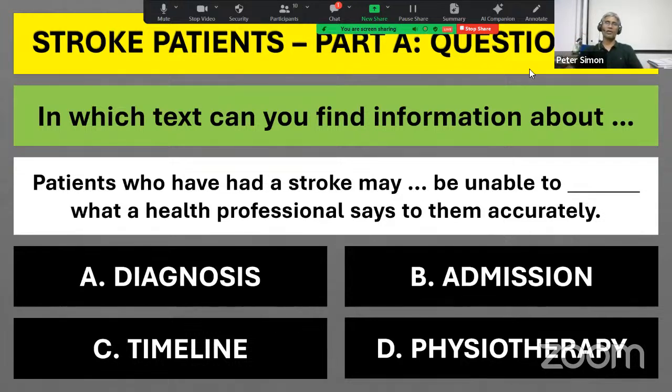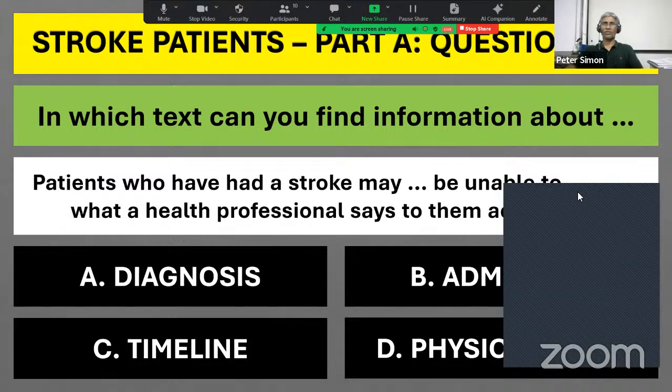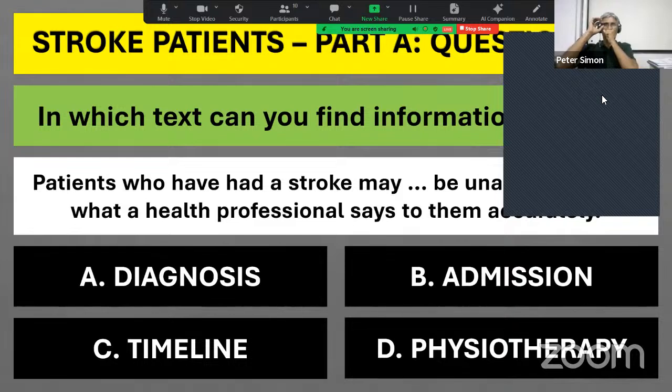Yeah, one answer has come. Avil says B. What about the others? Yamin says, Simiat says B. 2B, 1A. Come on, others. Unable to understand what a health professional says to them accurately. Maybe unable to understand. Okay.